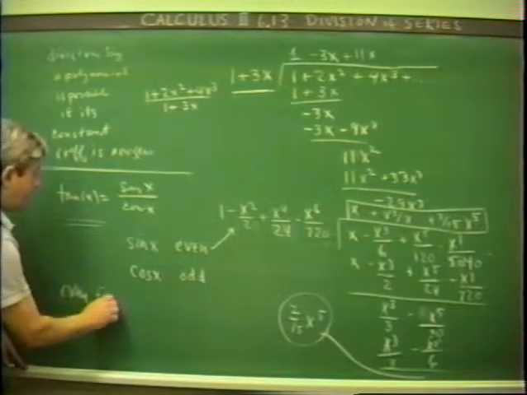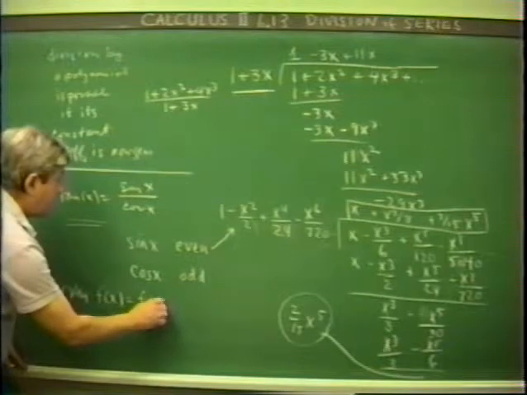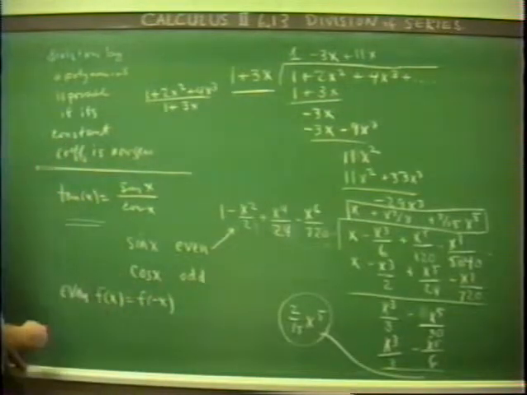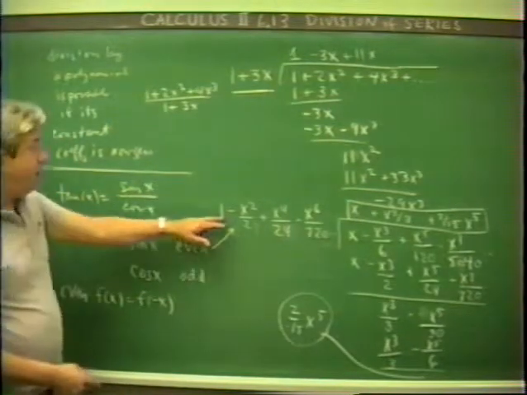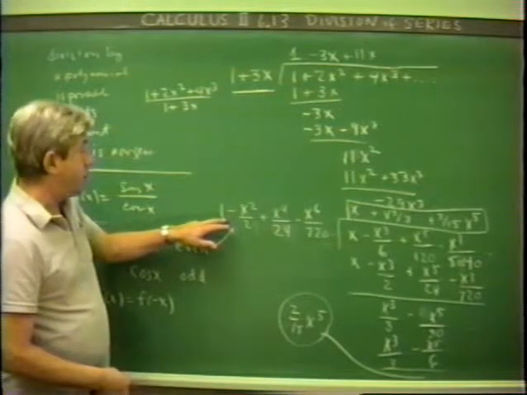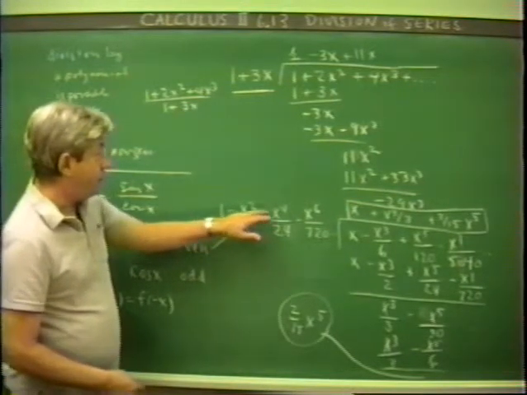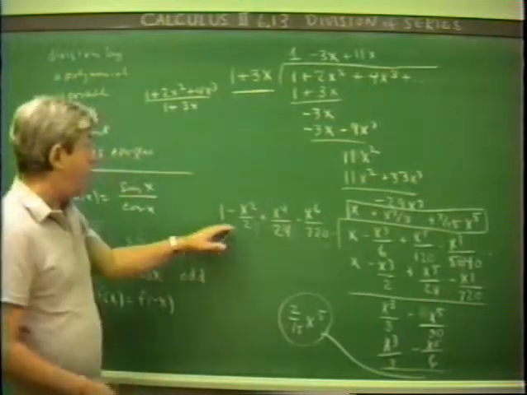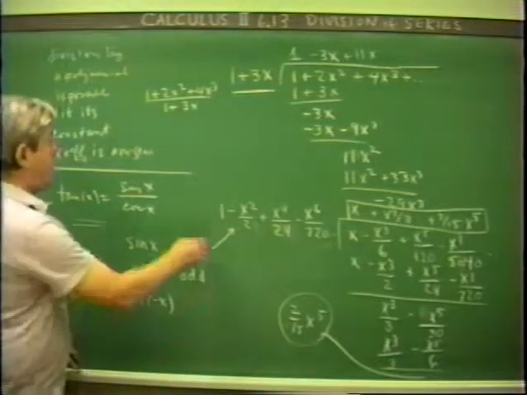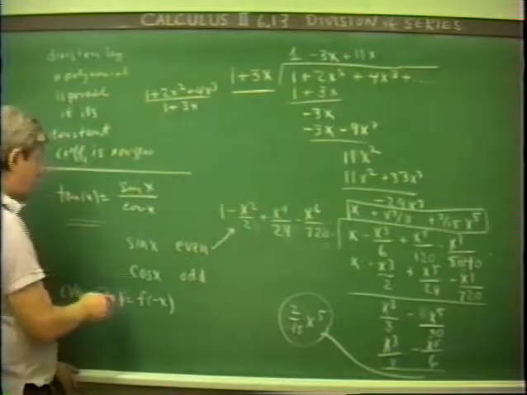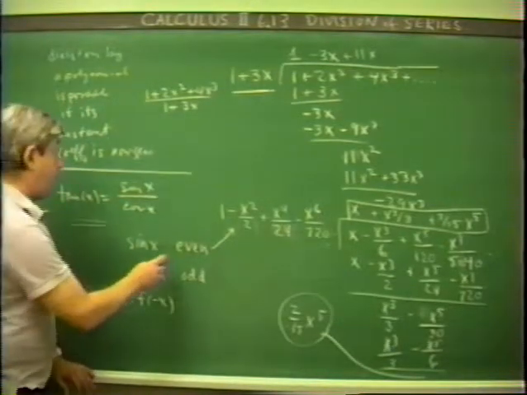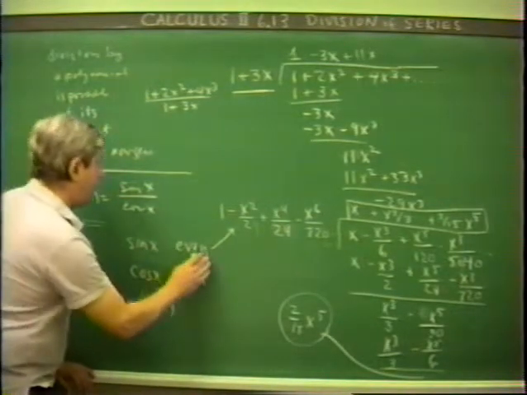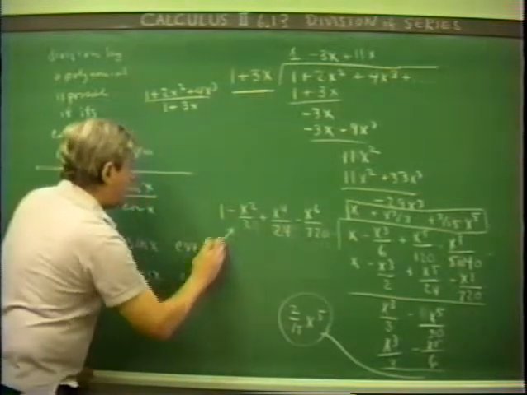Well, a function f of x is said to be even if f of x is equal to f of minus x. That's to say, if it's symmetric about the y-axis. And all the even polynomials, let's say polynomials that have only even powers for their exponents, are all going to be symmetric.